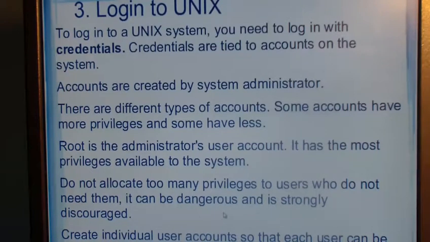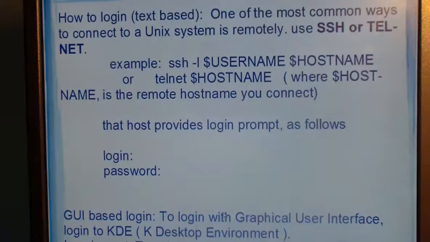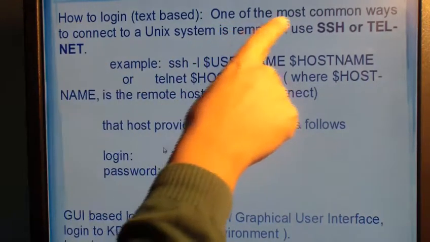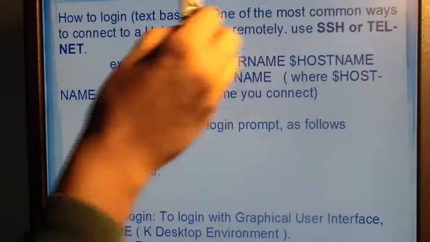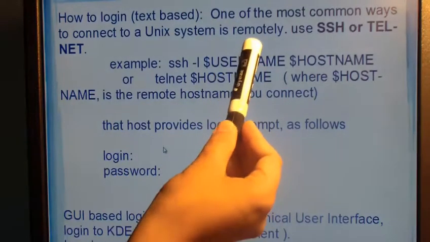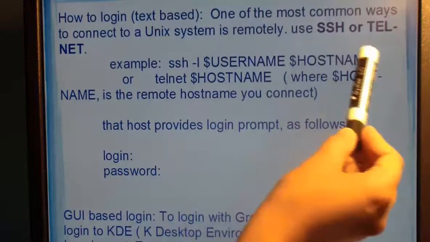Now let's go to the next one. How to log in? That is one process. What is the procedure? One of the most common ways to connect to a Unix system is remotely, using SSH or Telnet.